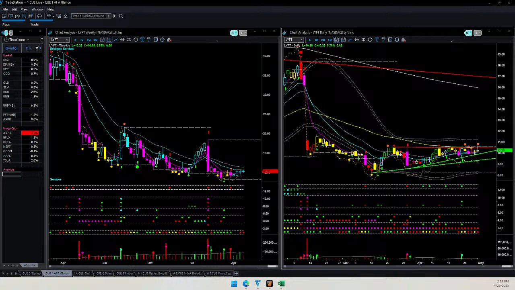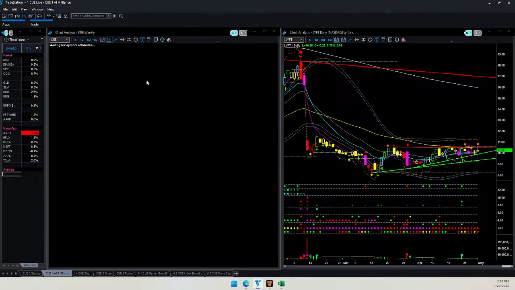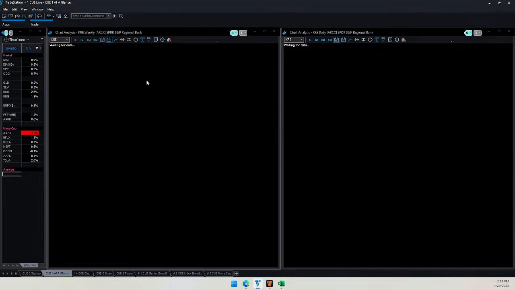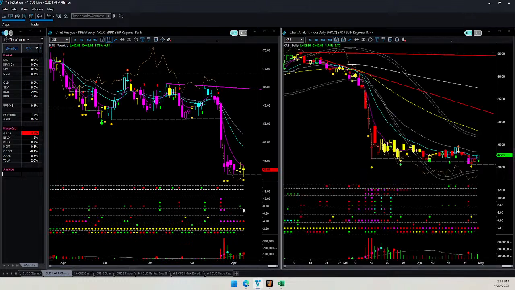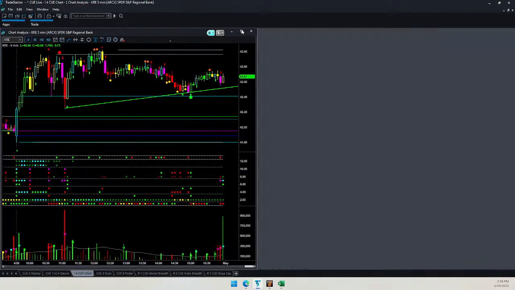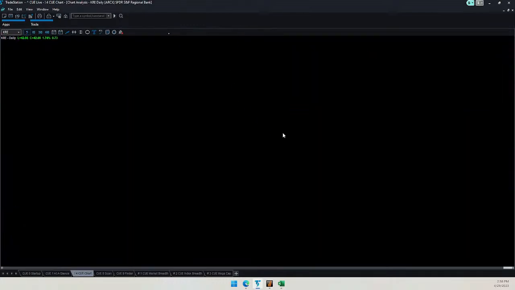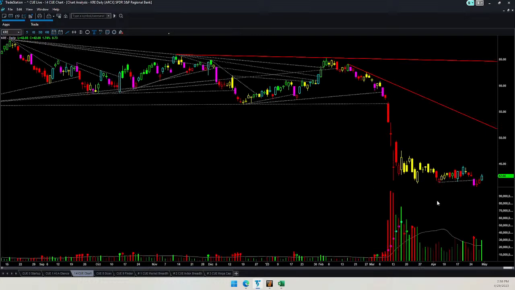And let me also look at the banking stocks. I shared some banking stocks earlier, and also the KRE regional banks ETF. Several weeks ago, I mentioned that if the trendline support was broken in the daily chart, that could be a cause for concern.